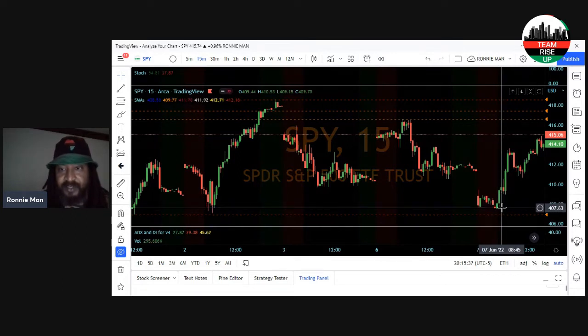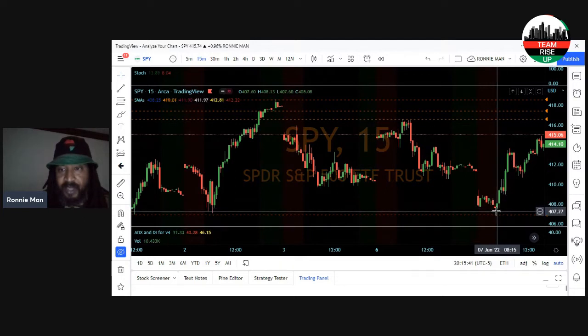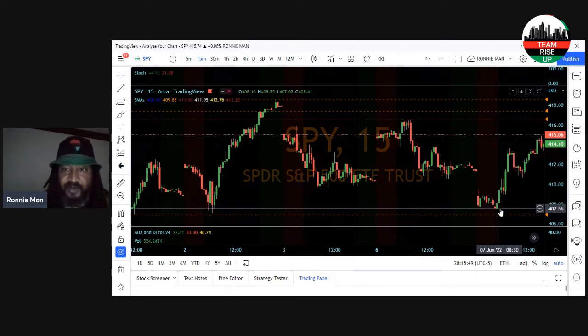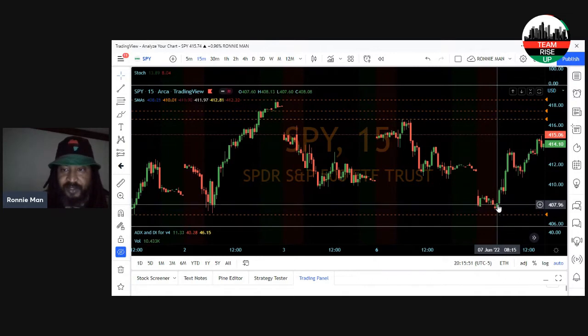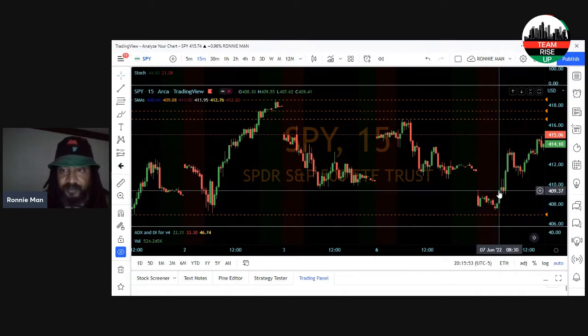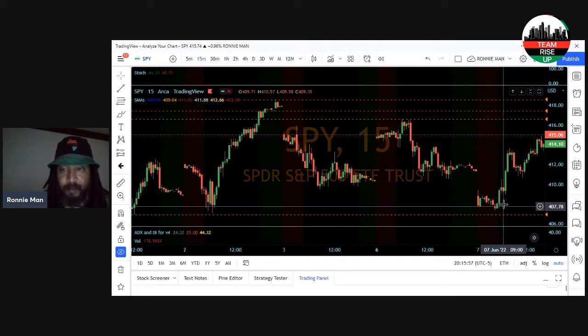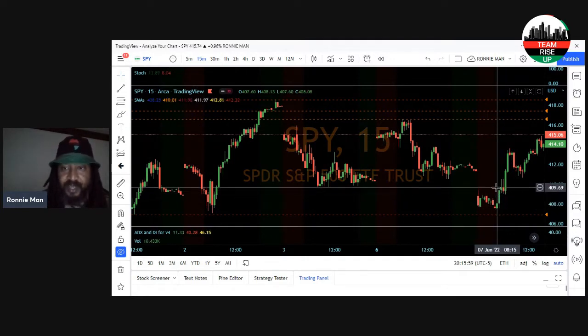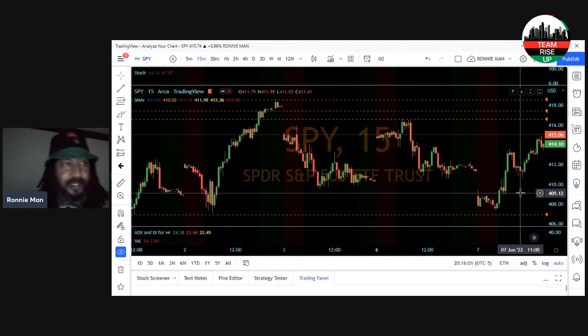This means that from 8 o'clock to this first candle at 8:30, buyers have stepped in. Buyers have stepped in. I did not enter on the first candle.